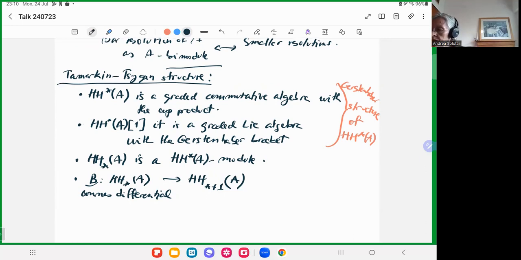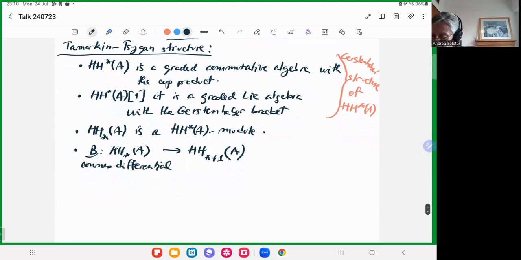Okay, and then, but I'm not going to talk about this today, we have the cyclic homology of A, defined by Connes, Loday, Tsygan, several authors at the end of the 80s.